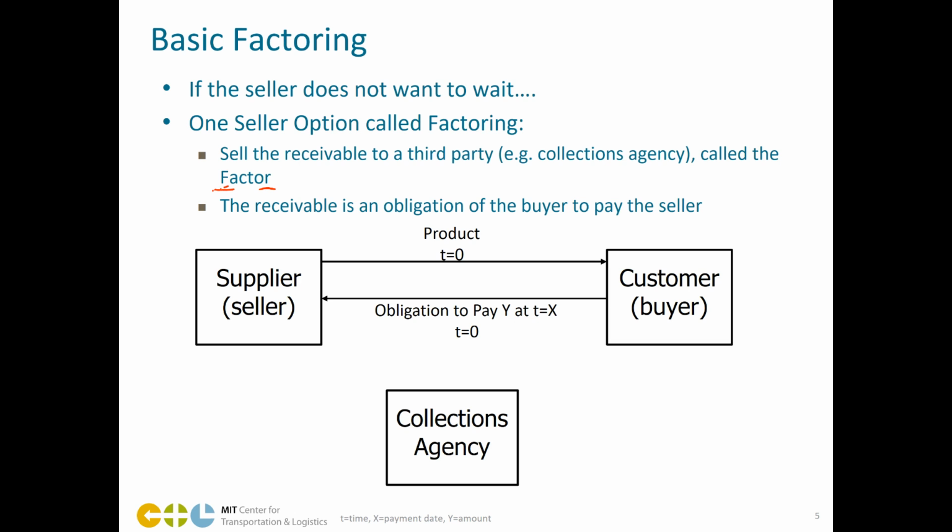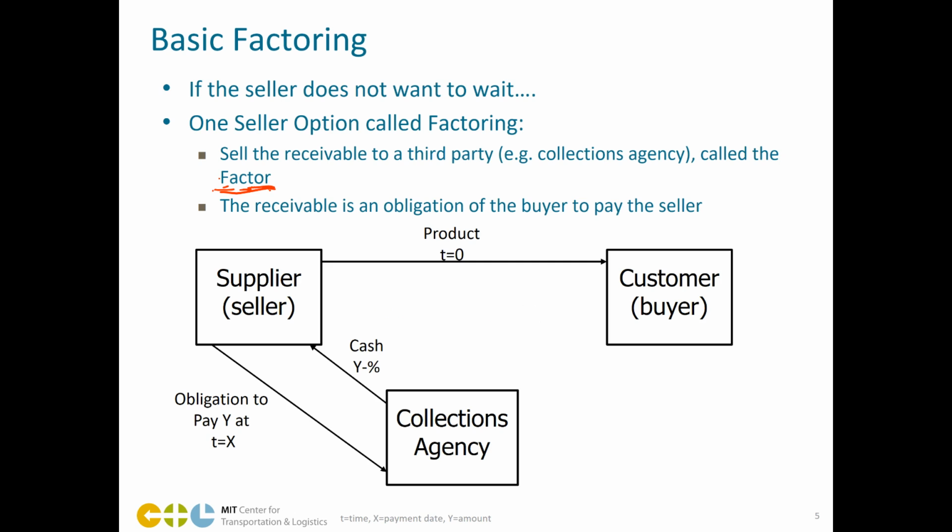And so the factor is going to purchase the obligation to pay from the buyer. They're going to purchase that from the supplier. And so this collections agency, the factor, is going to get this obligation to pay Y at time X. And they're going to collect that from the customer.